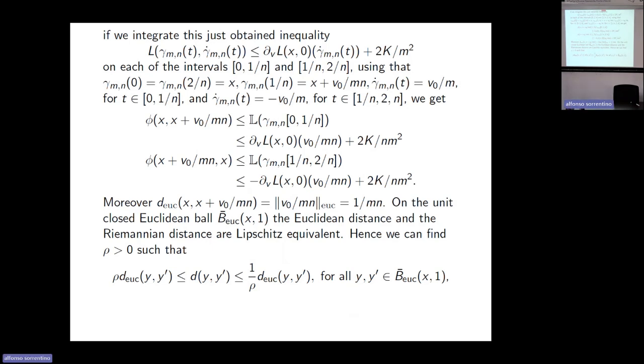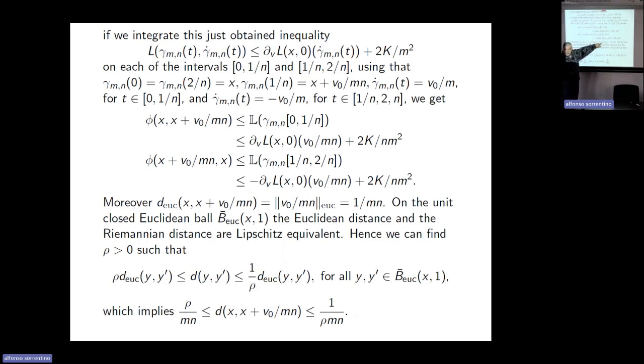So this implies from this inequality here that the distance from x to x0 plus v0 over mn, now the Riemannian distance, is larger than rho over mn and less than 1 over rho mn. Okay, it's this one that interests me, the left one.